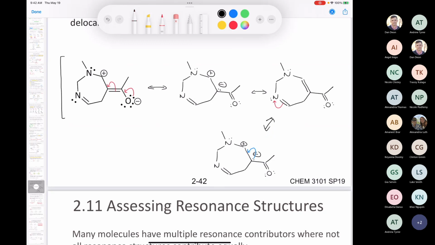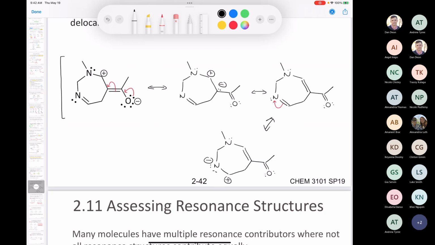It will look like this. So I'll fix all this, end up with this, and then I broke that pi bond, this one here, and now I end up with a negative charge on my nitrogen and a positive charge on my carbon, like that. So that would be another resonance contributor.